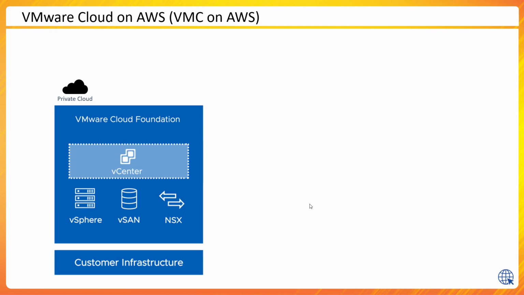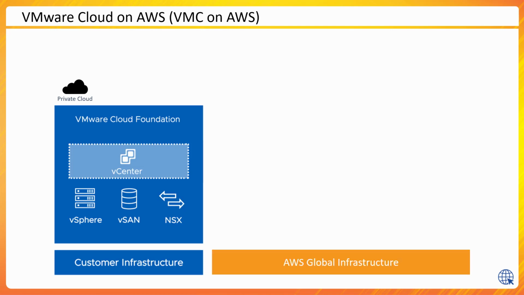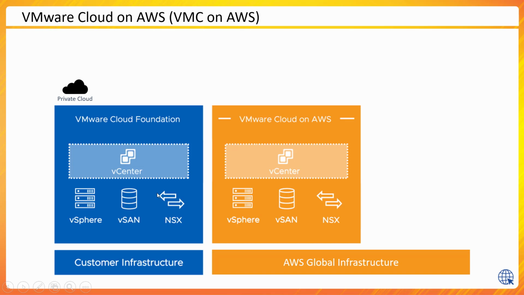So VMware Cloud on AWS is an engineered solution, jointly developed and jointly engineered by VMware and AWS working together. It allows you to run the same software you were running on-prem, vSphere, vSAN, NSX, but on the AWS global infrastructure, which is flexible, scalable, and available all across the world.